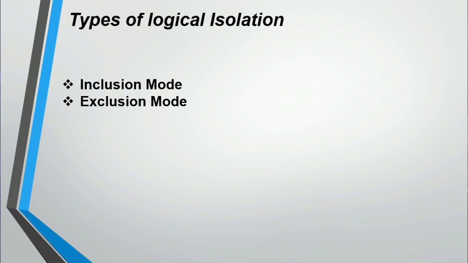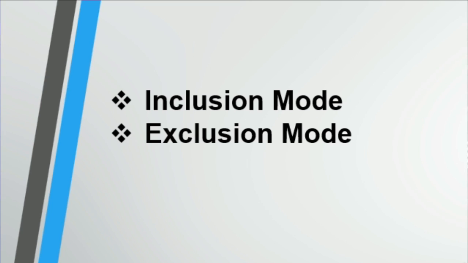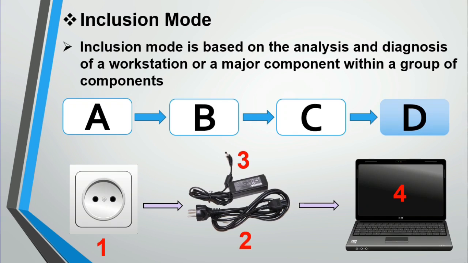Types of logical isolation. In this class, we're going to see two types of isolation: inclusion mode and exclusion mode. So, the inclusion mode is based on the analysis and diagnosis of a workstation or major component within a group of components.